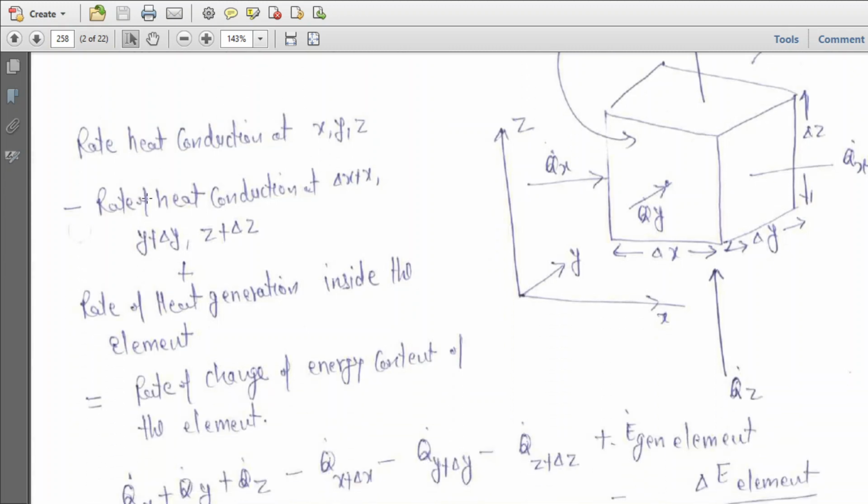These are the general equations. The rate of heat conduction in at x, y, z, minus the rate of heat conduction out at x plus delta x, y plus delta y, z plus delta z, plus the rate of heat generation inside the element, equals the rate of energy content change of the element.